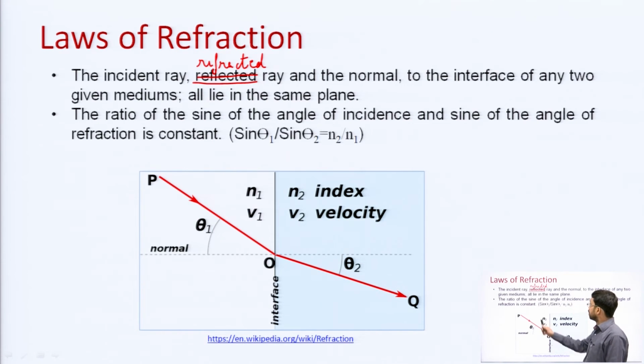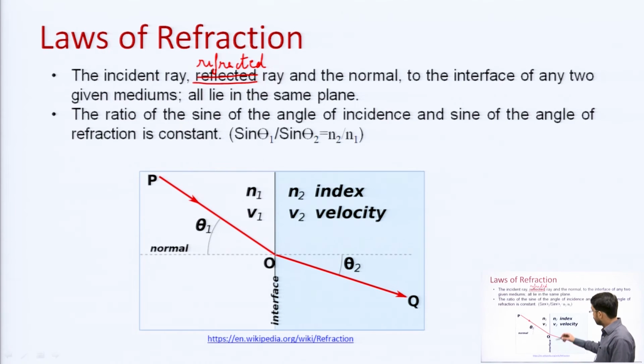Okay. The ratio of the sine of the angle of incidence and the sine of the angle of refraction is constant. So, this angle divided by this angle is a constant.